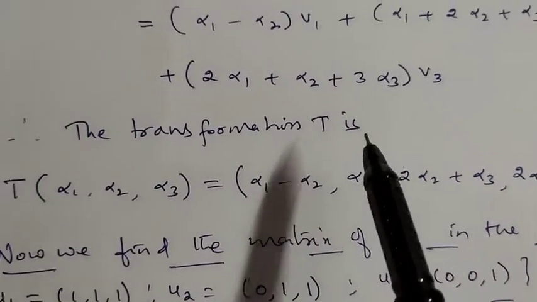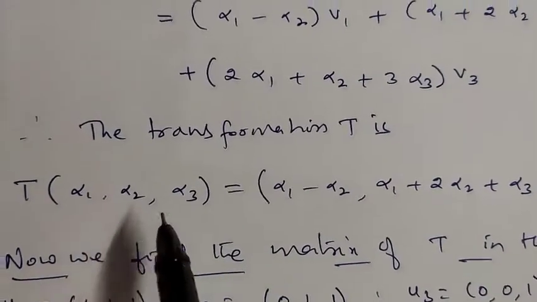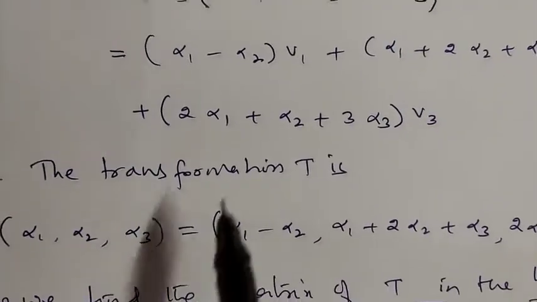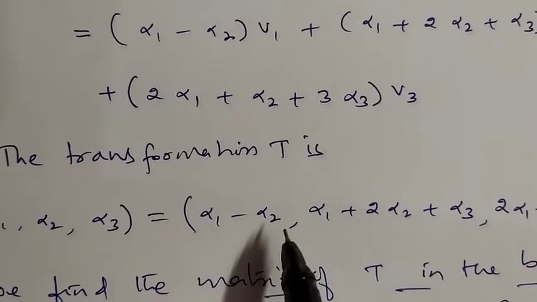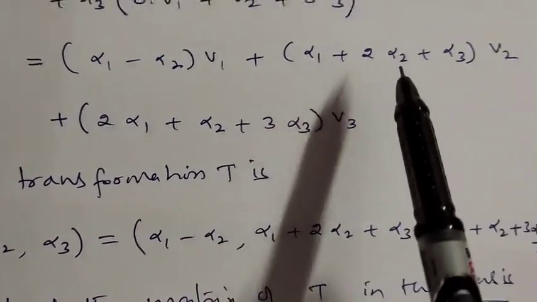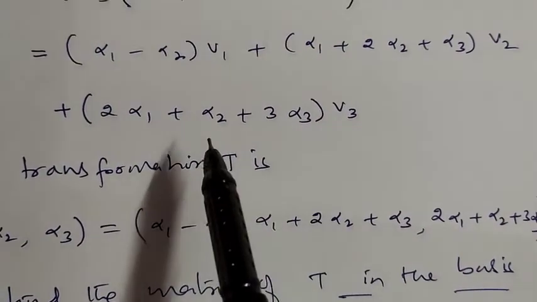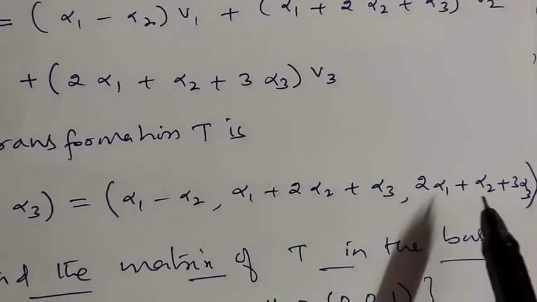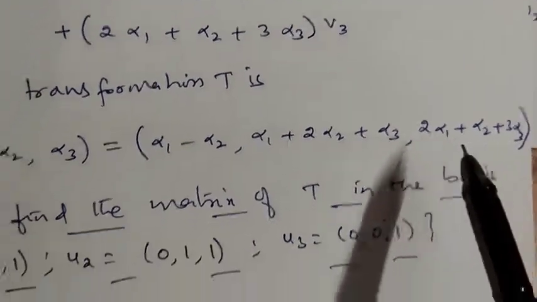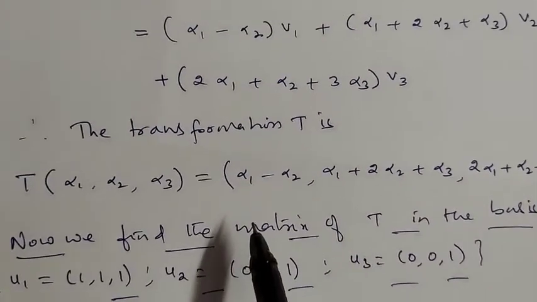Therefore the transformation T of alpha 1, alpha 2, alpha 3 is nothing but the coefficients: alpha 1 minus alpha 2, alpha 1 plus 2 alpha 2 plus alpha 3, and the third coordinate 2 alpha 1 plus alpha 2 plus 3 alpha 3. So we found the linear transformation T.